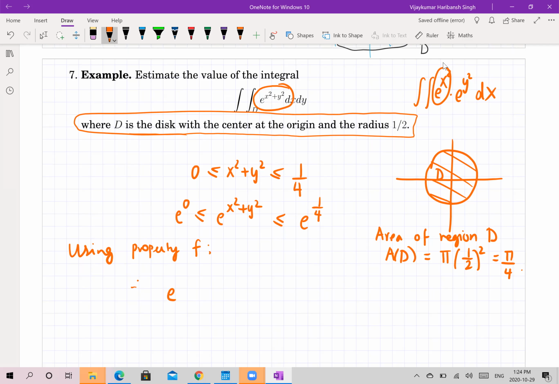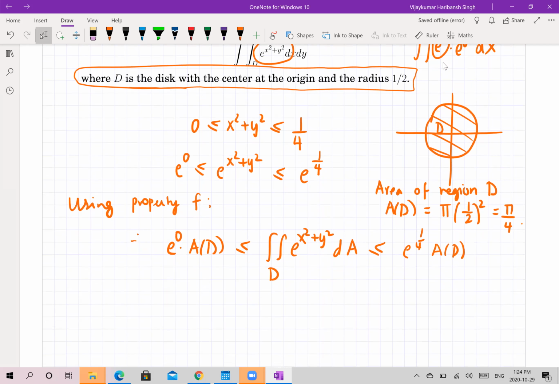Therefore, e to the power 0 times A_D is less than or equal to this integral, which is less than or equal to e to the power 1/4 times A_D. Now when you compute this, A_D is pi/4, so this implies pi/4 is less than or equal to this integral, which is less than or equal to e to the power 1/4 times pi/4.